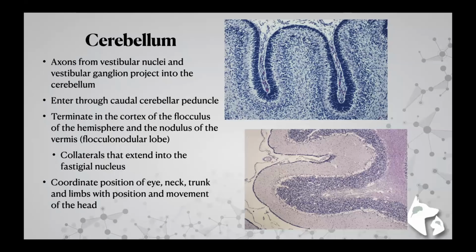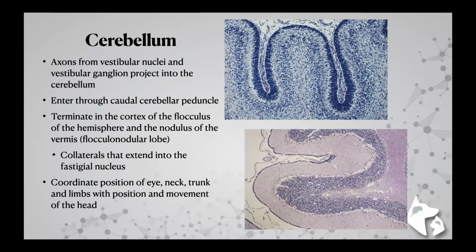They enter into the cerebellum through the caudal cerebellar peduncle. So there are 3 cerebellar peduncles. They terminate in the cortex of the flocculus and of the hemisphere, and then the nodulus of the vermis, so also known as the floccular nodular lobe. And then they do have some collaterals that extend into the fastigial nucleus.